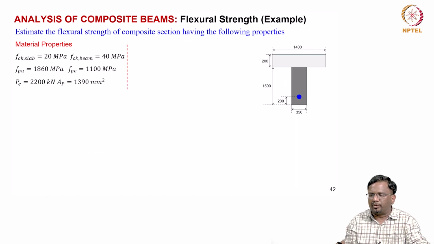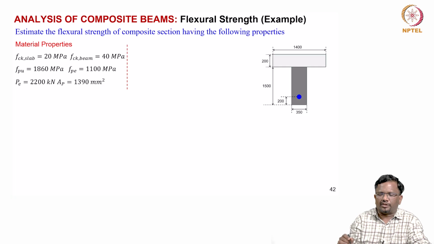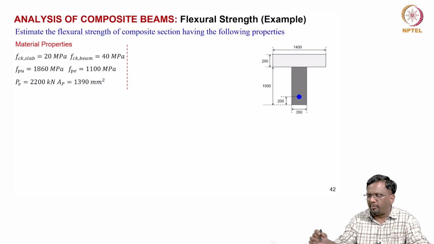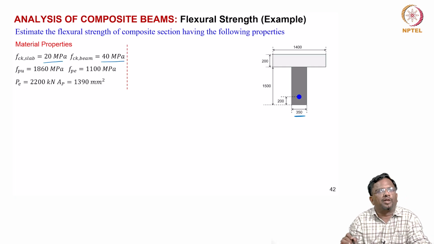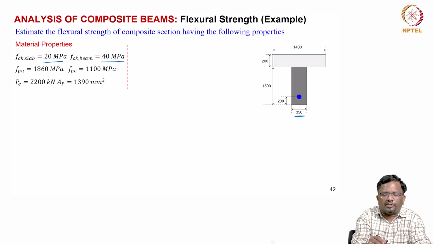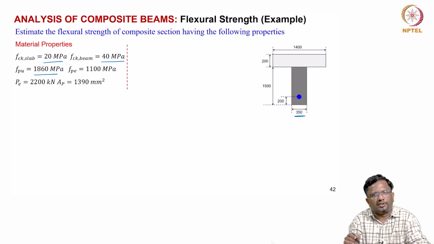So let us quickly go through one example. You can see the deck slab has the same cross section, 1400 by 200, with a web thickness of 350 and 1500. My slab has 20 megapascal, my beam has 40 megapascal strength, and the ultimate strength for the pre-stressing steel is 1860 as usual.